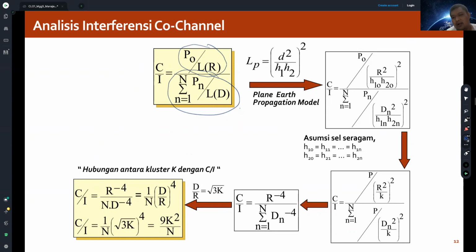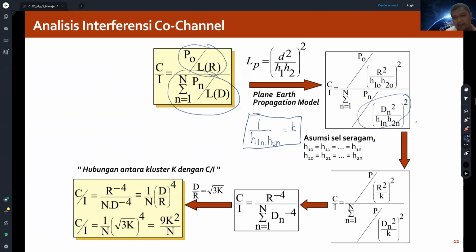And the loss of the interference is also the total of the loss from the two-ray model, which we could model more simply as 1 divided by H1n times H2n equal to little k. Let's say this one is little k, just a constant of the height of the tower.